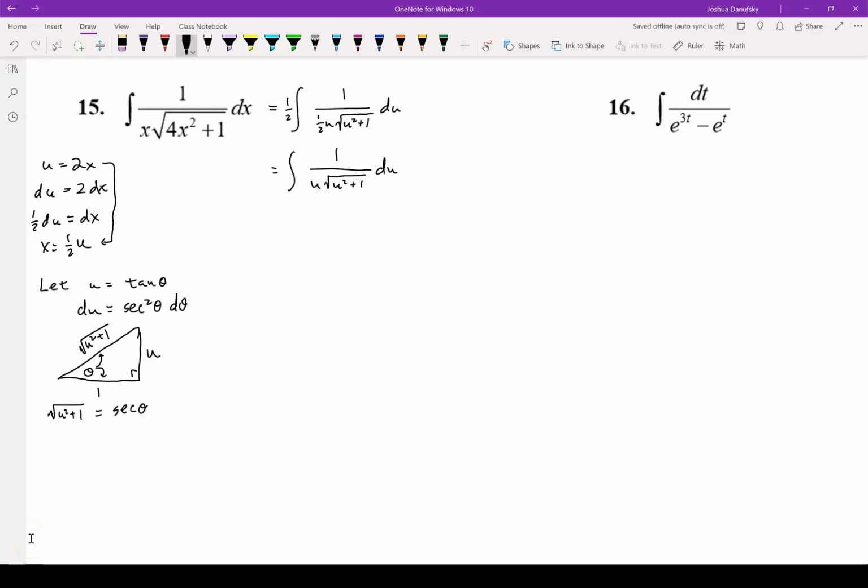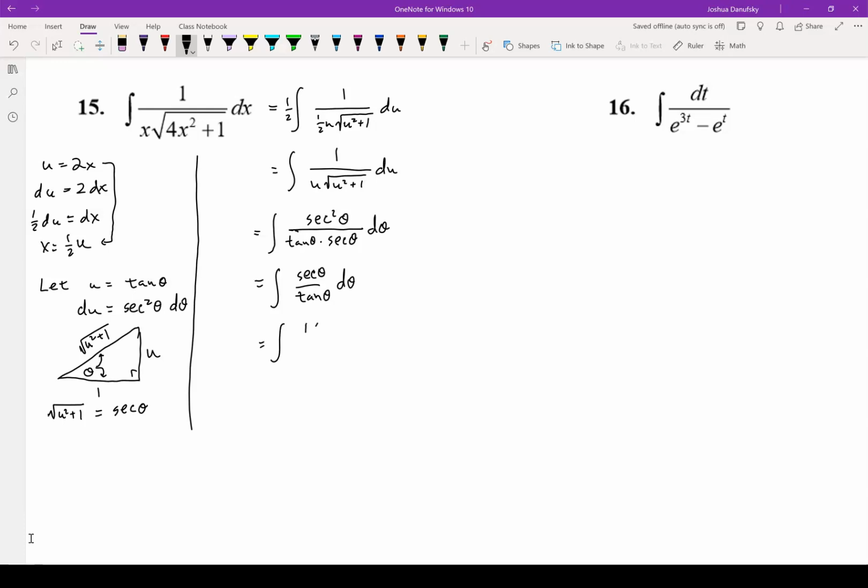And so now we can go ahead and rewrite this integral. Our du is a secant squared theta d theta. In the bottom, we've got u, which is tan theta, and the square root of u squared plus 1 is secant theta. Simplifying, we have the integral of secant theta over tan theta d theta.